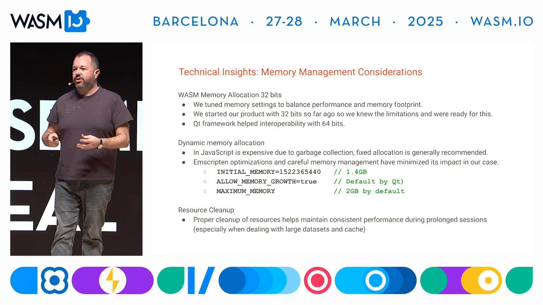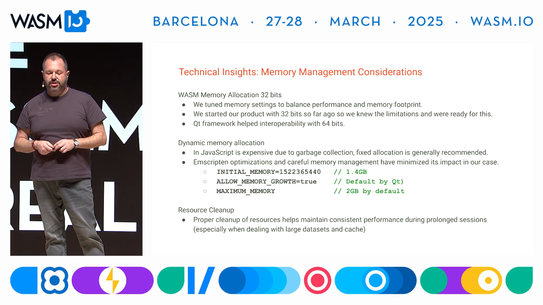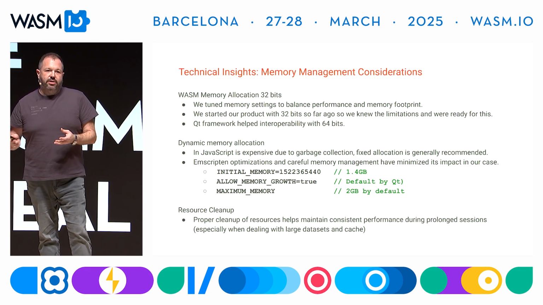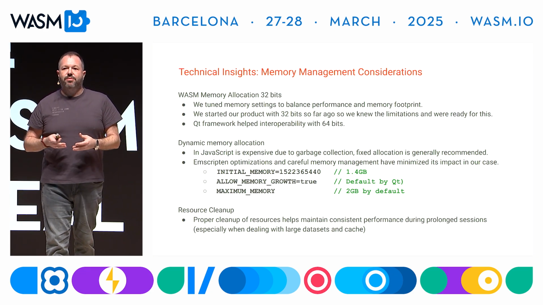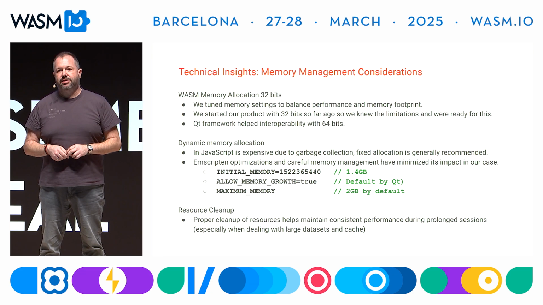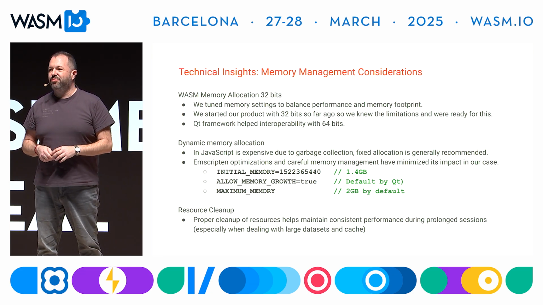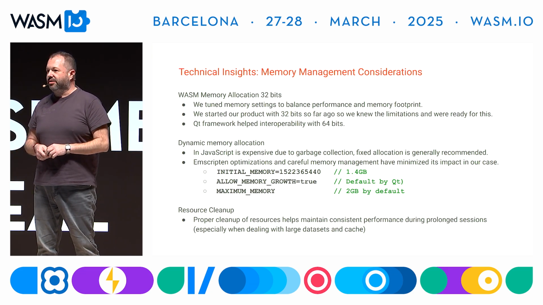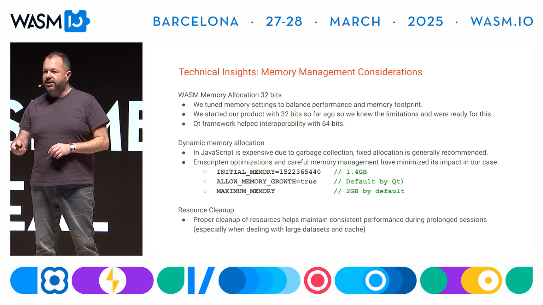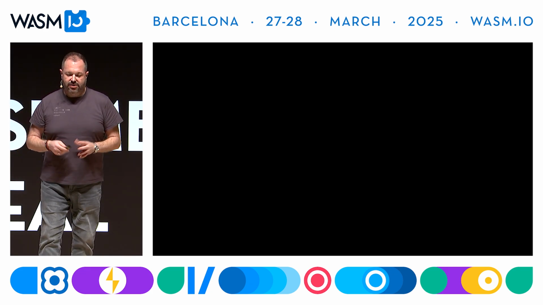Users can be hours using our application without any problem. Of course, taking into account that we have to manage these large data sets so as not to consume the limit, which is 2 gigabytes until 64 bits is available for that.